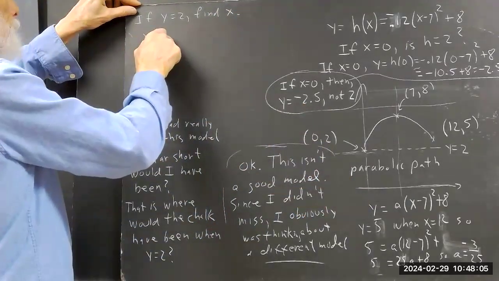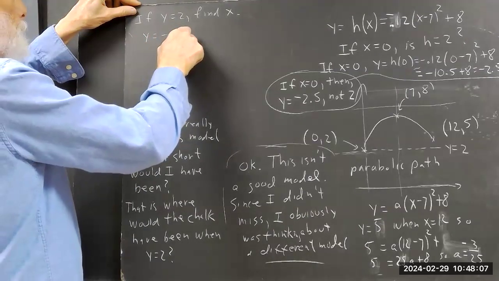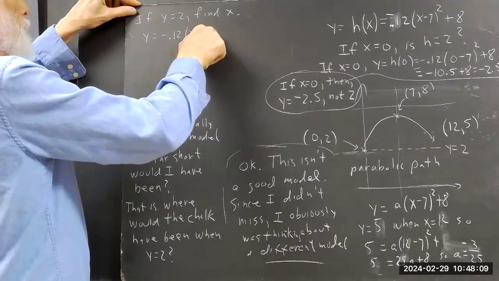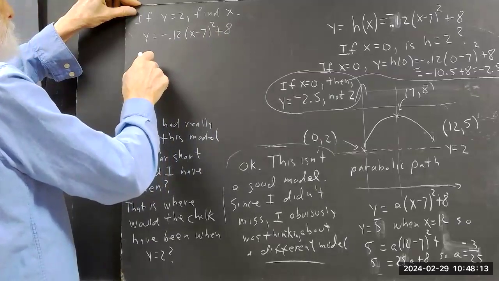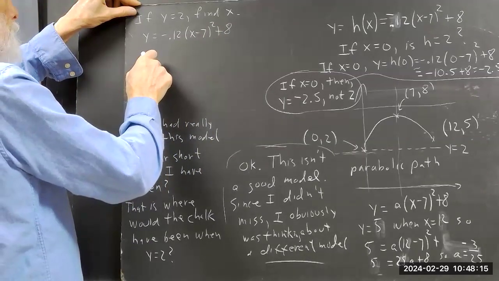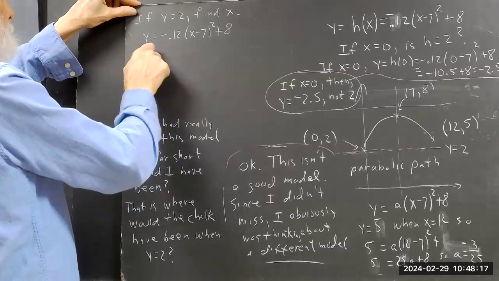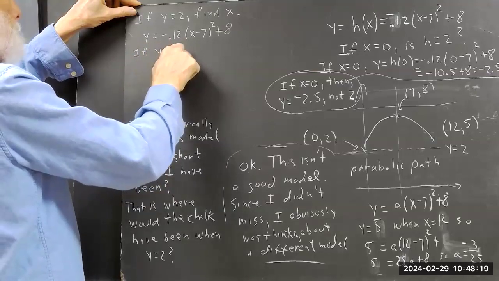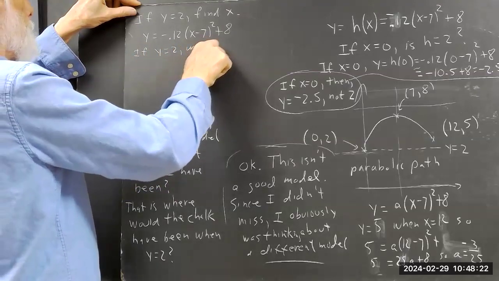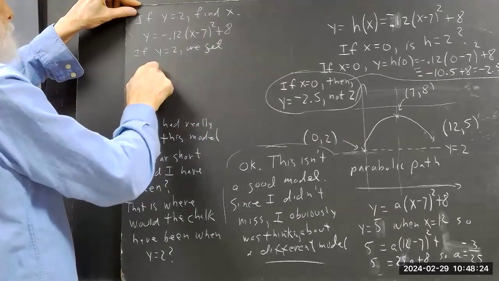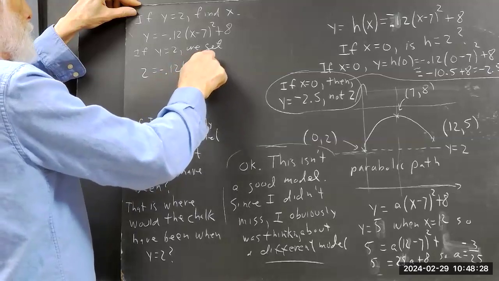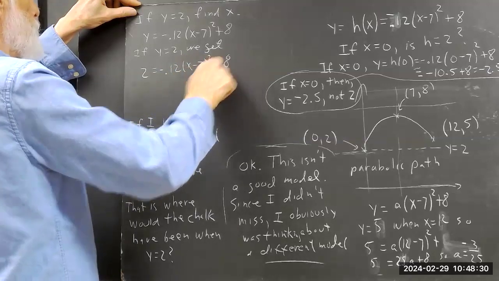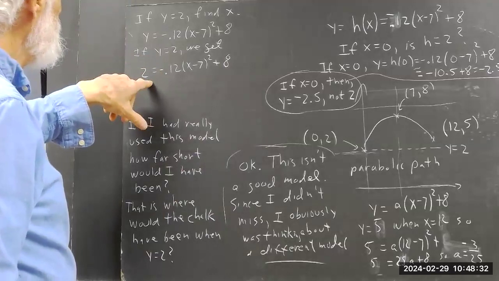So y equals negative 0.12 times x minus 7 squared plus 8. If y equals 2, we get this.